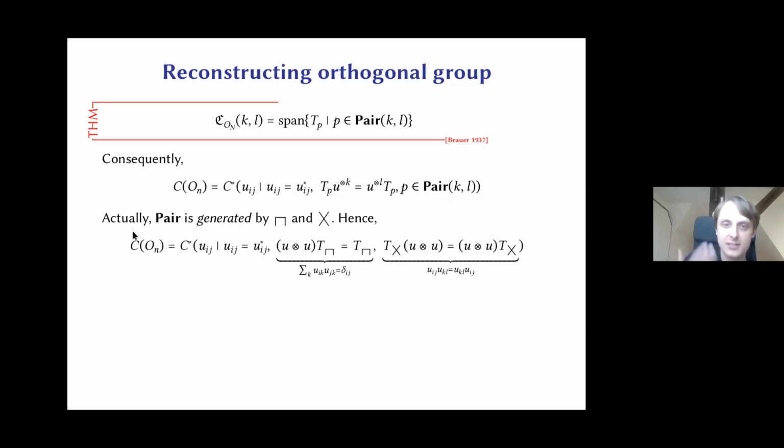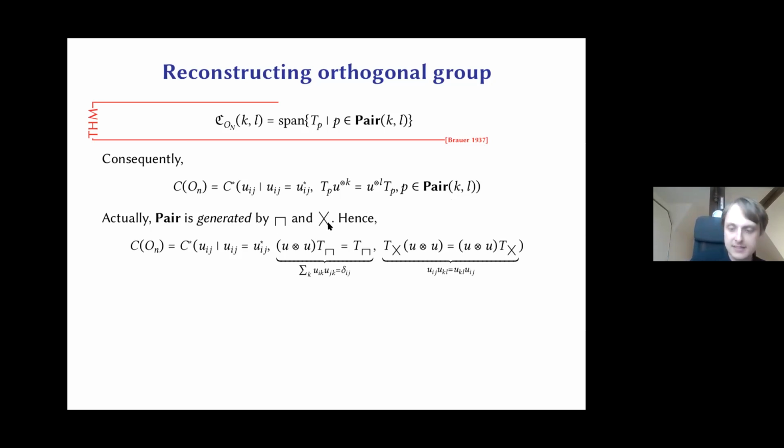But actually, thanks to the fact that I can also study the category operations, I can ask, what is the category generated by? Well, I claim that this category of all pairings is generated by this simpler pairing and this crossing.